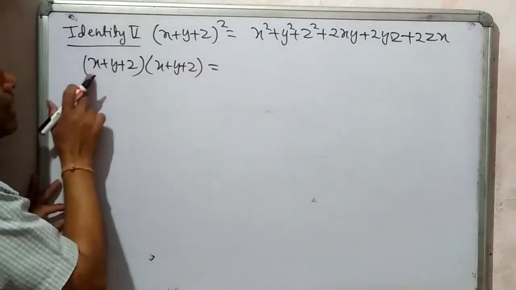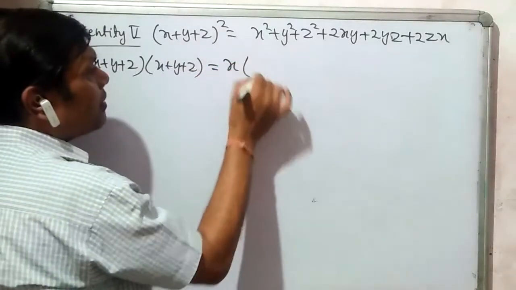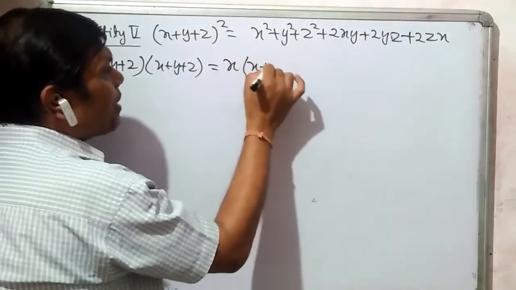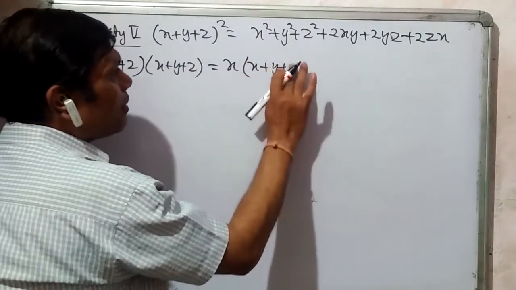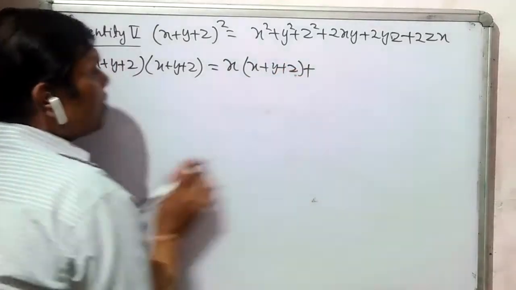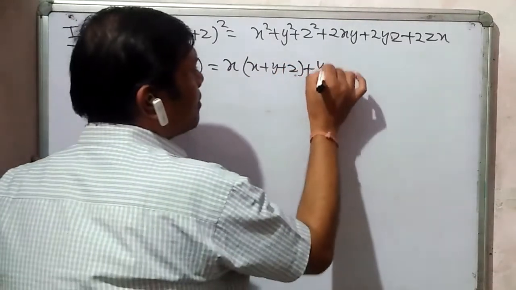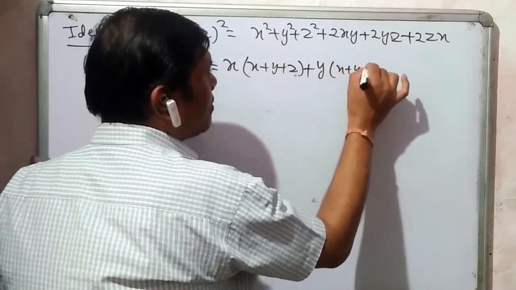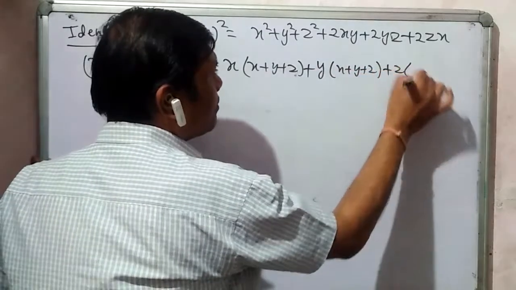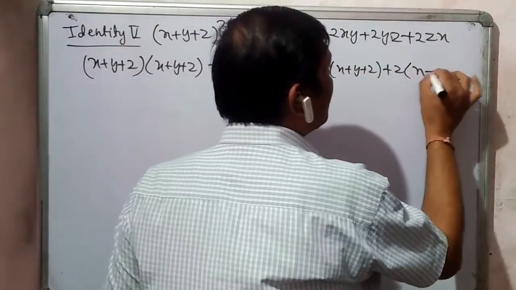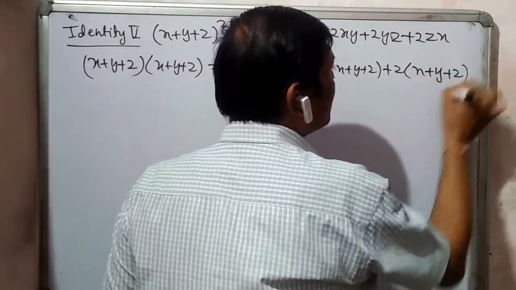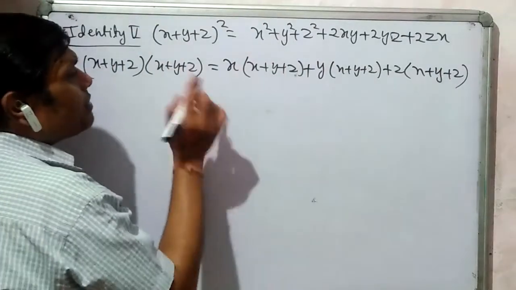How do we solve these brackets? We take up x, we multiply with the second bracket, we take up the second term y, we multiply with the second bracket, and we take the third term and multiply it with the bracket. Let us multiply it.